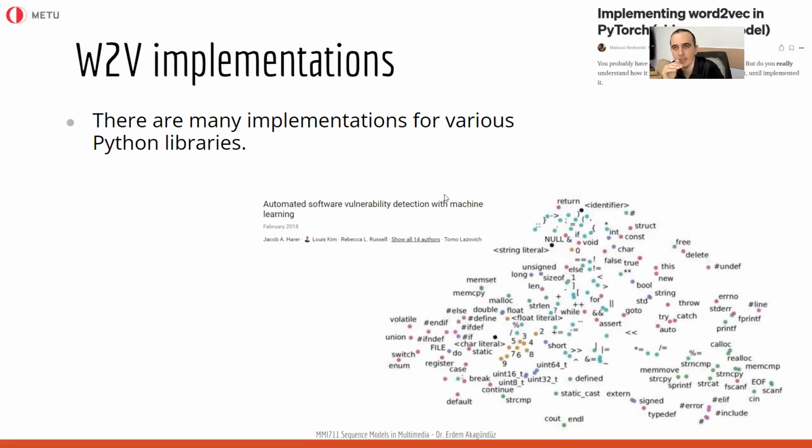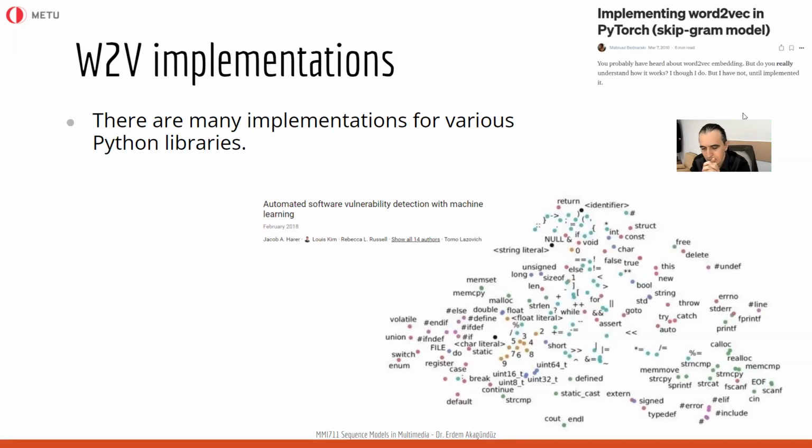Actually, before I finish my stuff with NLP, NLP was not only about languages, the spoken languages. NLP people are working on codes as well, modeling codes. And in Python, there are very nice implementations of word-to-vec for different corpuses. Because, for example, in C, in computer languages, we don't have sentences, but we have expressions, and expressions are written line by line.